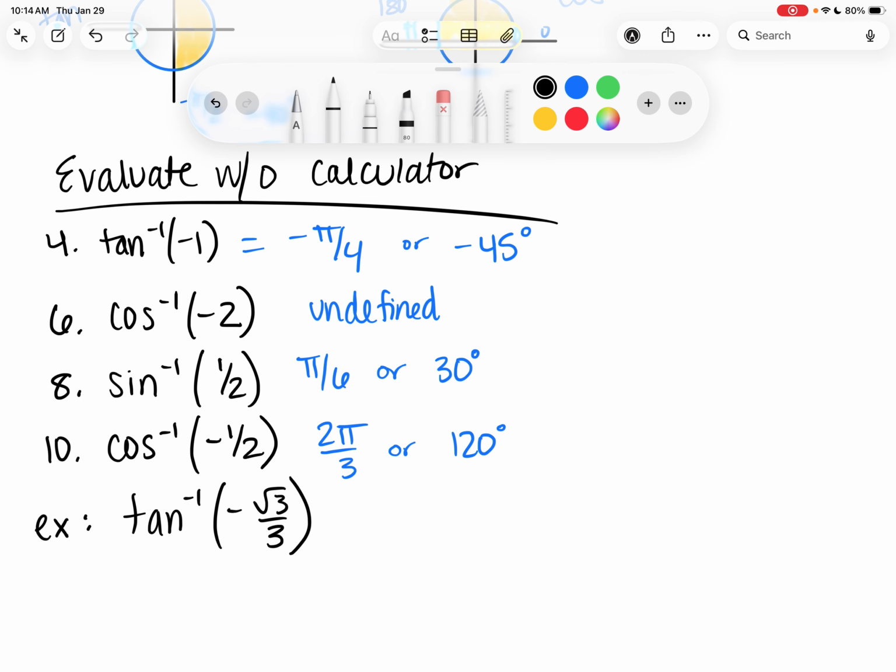Negative pi over 6. And what's the degree? Negative 30. So it's down here, negative root 3 over 3. And so this is subtracting off a pi over 6, or subtracting off 30 degrees. So this is minus pi over 6, or minus 30 degrees. Questions about those ones?